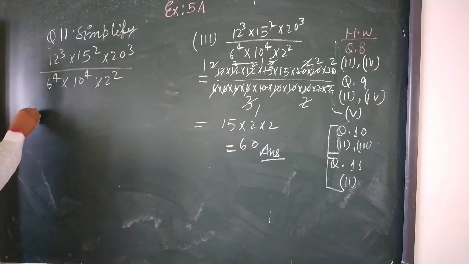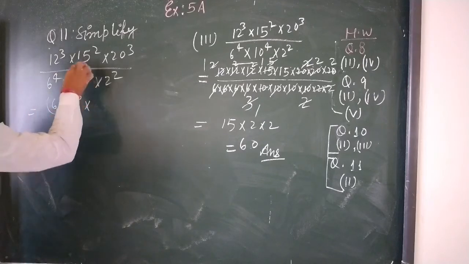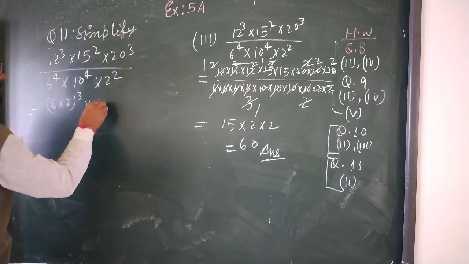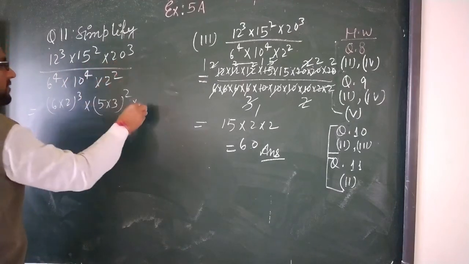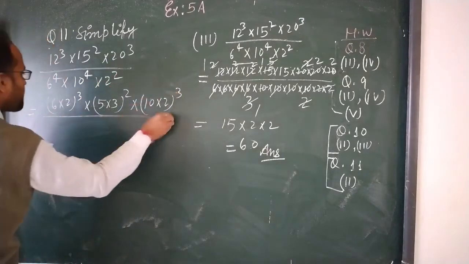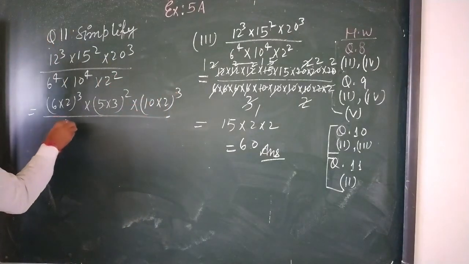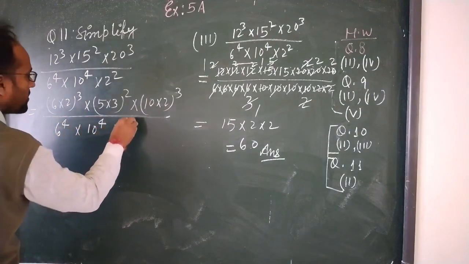So I will break this one: 6 into 2 to the power 3. This one I will break as 5 into 3 to the power 2, and this one I will break it as 10 into 2 to the power 3, upon 6 to the power 4 into 10 to the power 4 into 2 to the power 2.